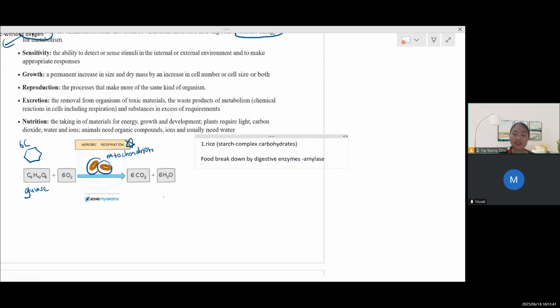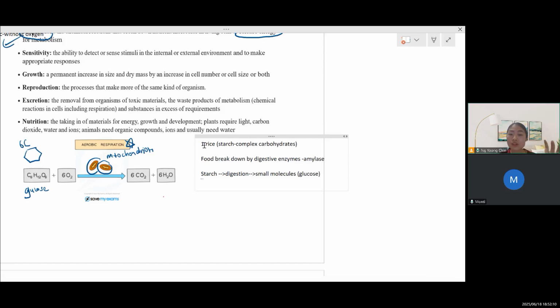Amylase is one of them. So the starch will undergo the digestion process by the enzyme and break down. Starch is a very large molecule, so it will break down into very small molecules. The small molecule is glucose.